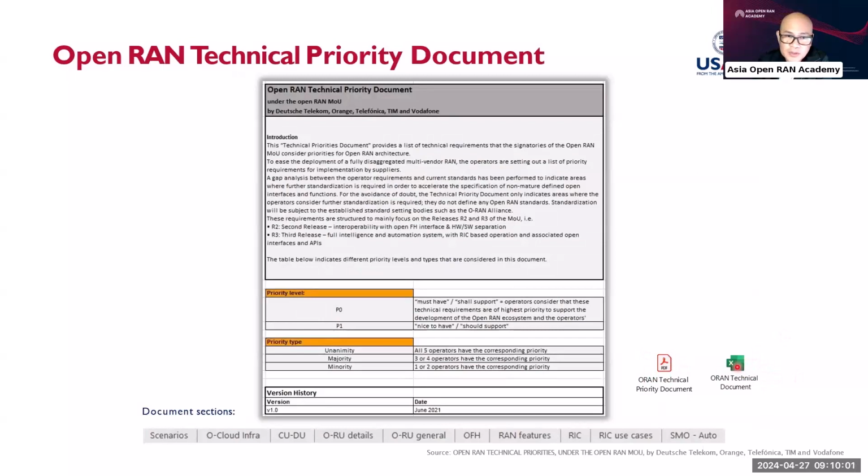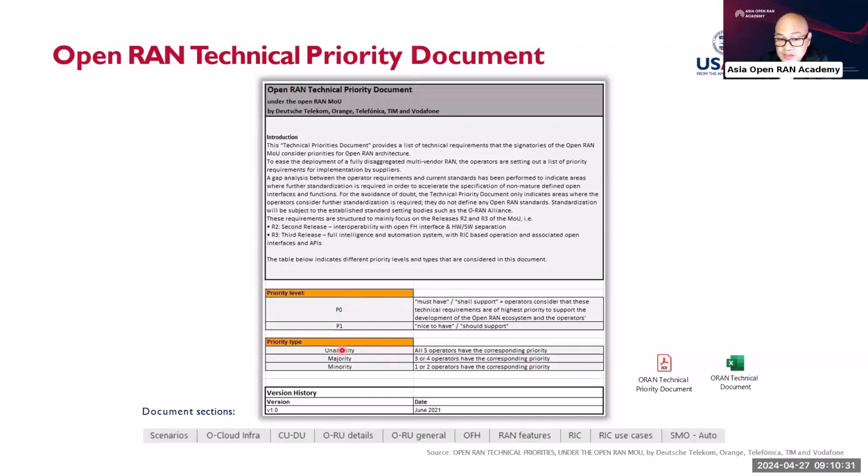So in the Open RAN technical priority document, they have what we so-called the priority 0 and priority 1. Priority 0 simply means mandatory or must have. Priority 1 are nice to have or optional or should support. Okay. And for each priority, the 5 operators voted if they want to have it P0 or P1.